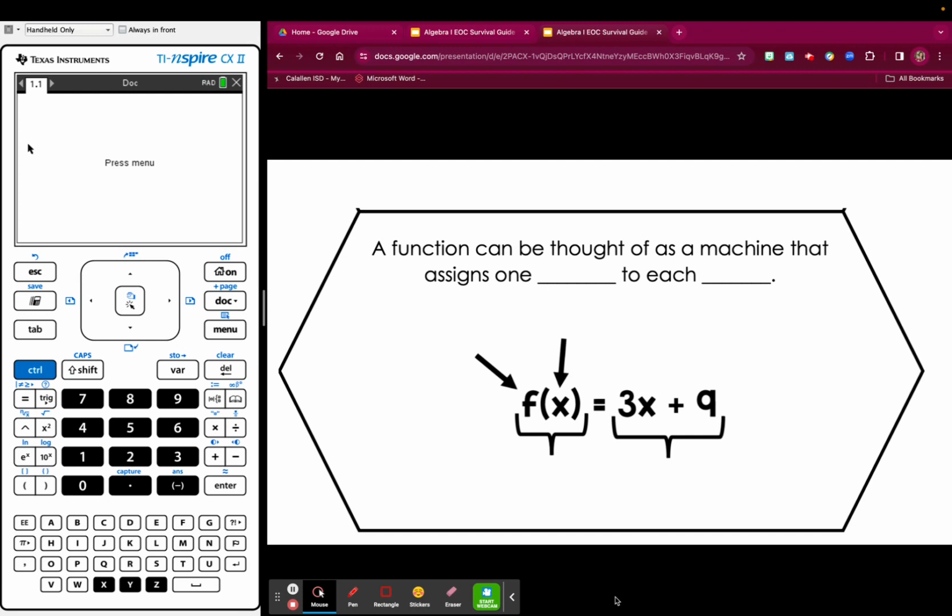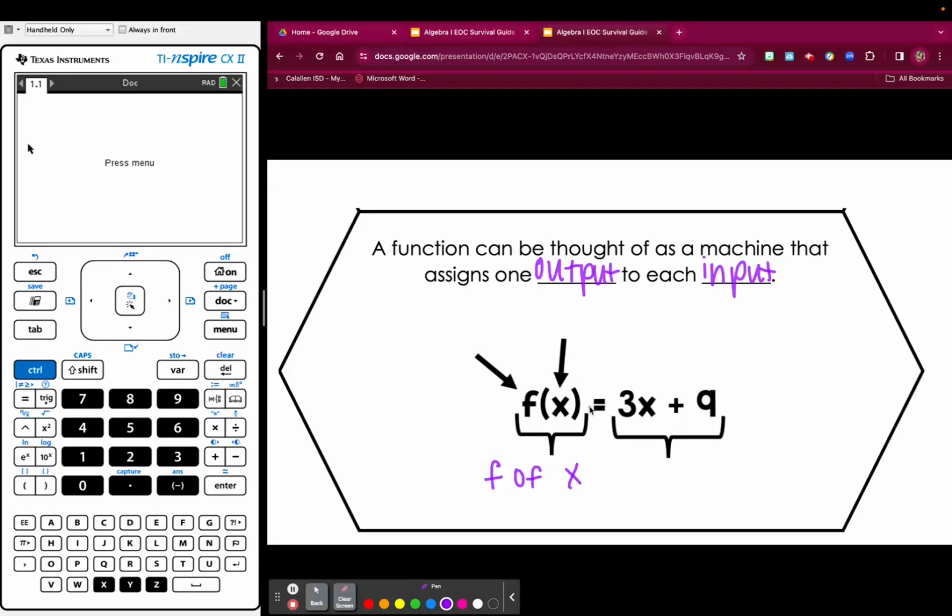And a function can be thought of as a machine that assigns one output to each input. So here we have the equation f of x equals 3x plus 9. Here we call this f of x, and typically you can see this as f of x, g of x, h of x.